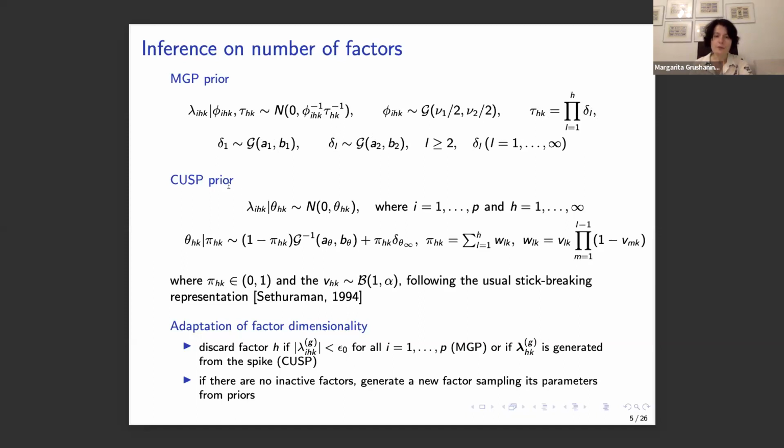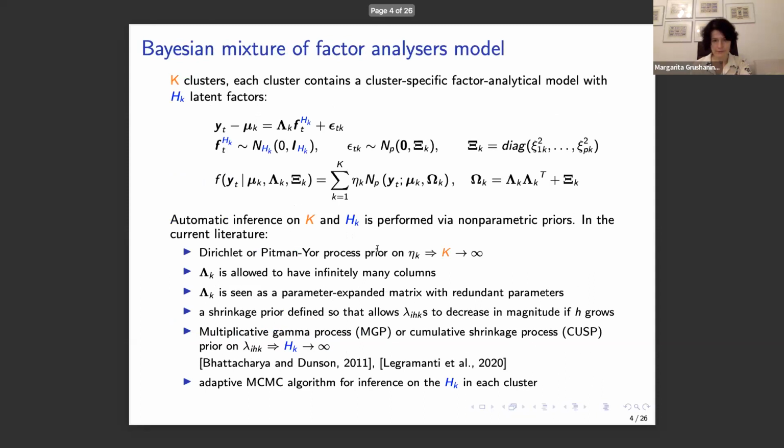And the cumulative shrinkage process prior is in a way similar: we assign a normal distribution to the elements of the factor loading matrix, but each variance in the column is assigned a spike and slab prior, where the spike is some small value like 0.05, and the slab follows the inverse Gaussian distribution, but can actually be any continuous distribution. The slab represents active factors, and the spike represents inactive factors.